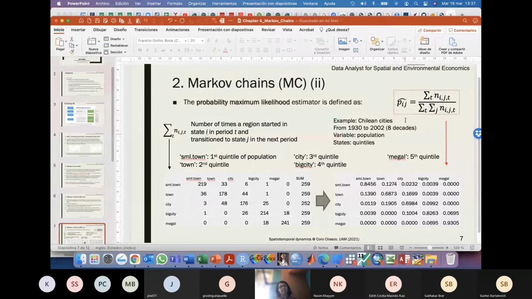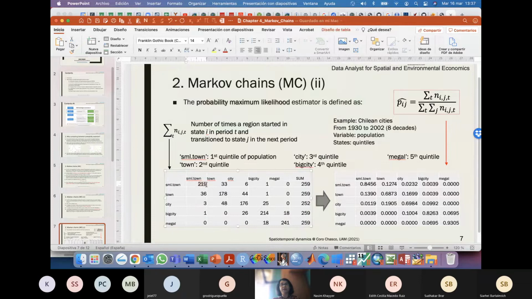The estimator is in fact primarily a very complicated formula, but in the end it ends up as a very simple formula, in the sense that in the numerator we have the number of times a region started in a state I in period t and transitioned to a state j in the next period. So j can be the same as I in this case. So we have this matrix, the matrix of the movements or the transitions.